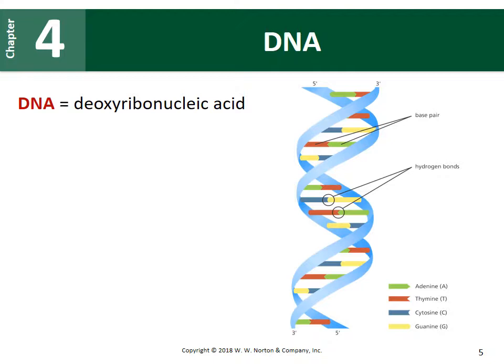There are two different types of cells that we will be looking at, and in both of these types of cells, they will contain DNA. And DNA, we talked about this a little bit in the previous chapter. DNA is deoxyribonucleic acid. The functions of DNA include that it acts as a set of instructions for the cells.